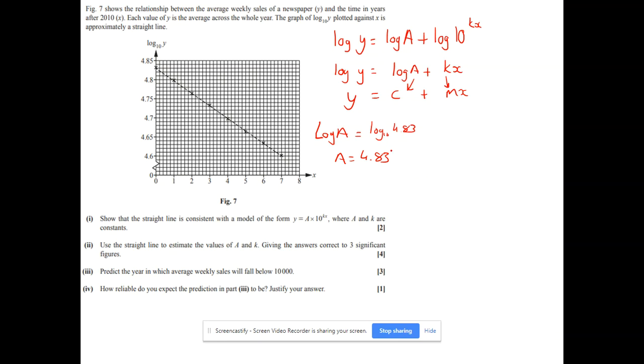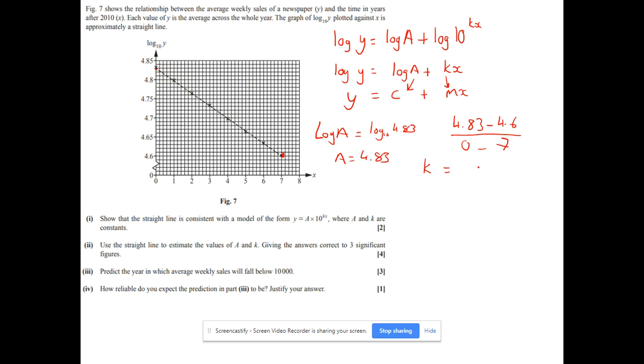And we need to work out our gradient, rise over run, so we could just take these 2 points because we've already got 4.83, and 4.6 looks like a nice one to take, so we can do our 4.83 minus our 4.6 all over 0 minus our 7, and that gives us our k value, which just comes straight into our gradient.